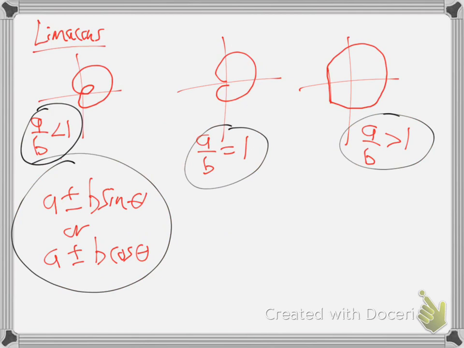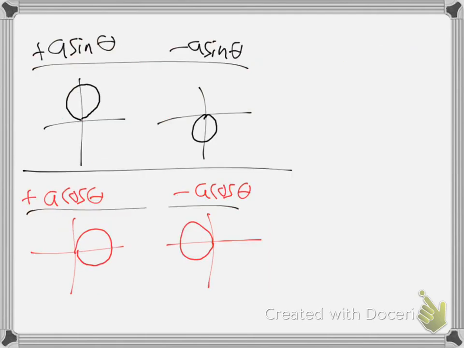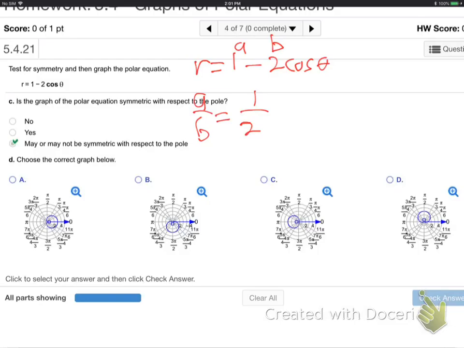And if it's greater than 1, it has a straight back. So what's our case? That's less than 1. Half is less than 1. So what does that mean it has? Inner loop. Of course, they all have an inner loop.